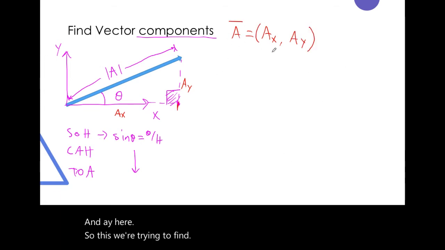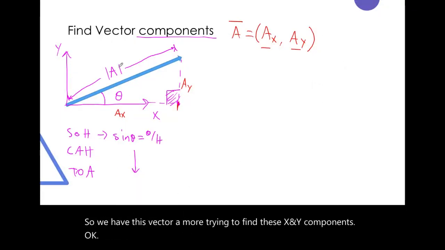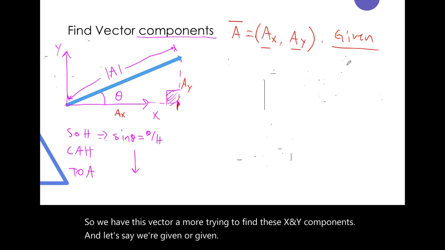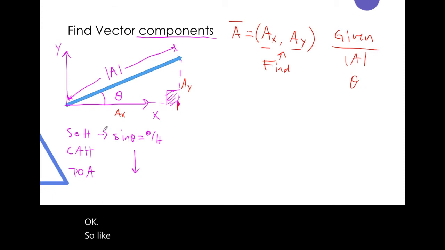So we have this vector A, and we're trying to find these x and y components. And let's say we're given the magnitude and the angle, and we're trying to find these. Okay. So, like I said, we're going to be using Sohcahtoa.